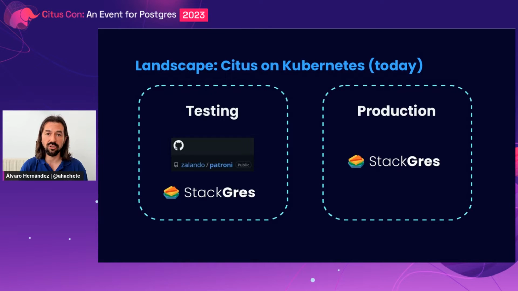But in terms of production, StackGres is, I would say, the only option that fully supports Citus. It's been supporting Citus for some time, but now adds new capabilities through the use of Patroni 3.0 and a dedicated environment, I'll explain later, that you can use for running fully production-ready workloads with Citus on Kubernetes.